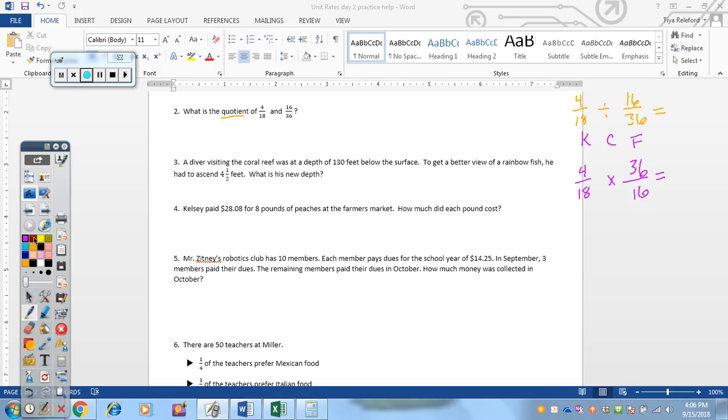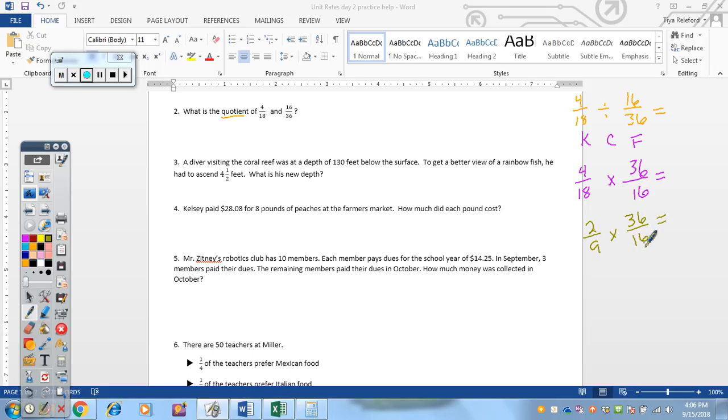Now, before I multiply, I'm going to take a look and see if there's anything I can simplify. Can I simplify 4 and 18? Sure, I can divide them both by 2. Can I simplify 36 and 16? Yeah, probably. But it's more work than I want to do, so I'm not going to.